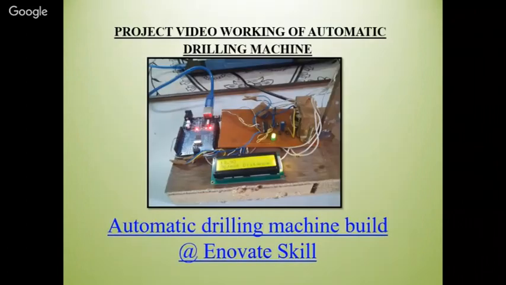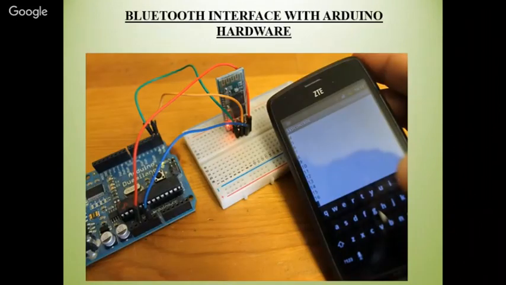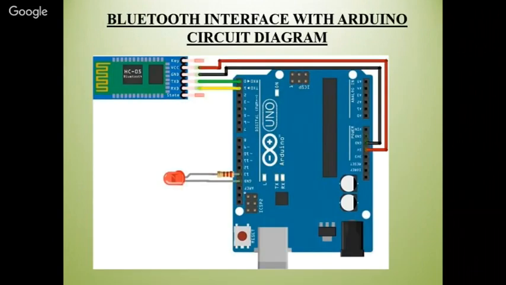Okay. Now you have also seen the project video of the drilling machine. Now it is the Bluetooth communication with the mobile, and you can check the real time values, as I explained in the video, that you can check the real time voltage values of the solar panel in your mobile app. This mobile app can be developed in MIT App Inventor. Okay, and you have to connect the Bluetooth with the Arduino using these four wires.